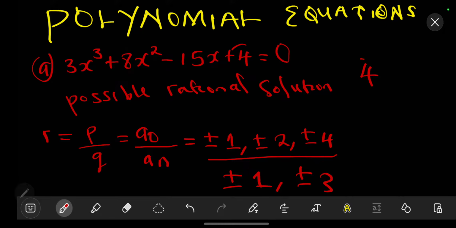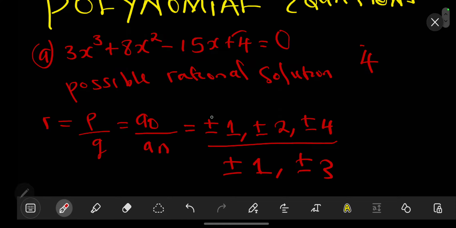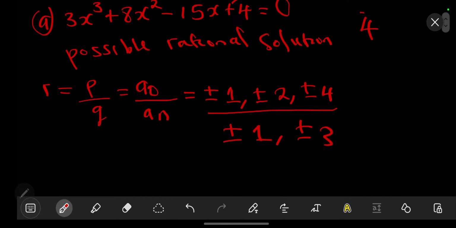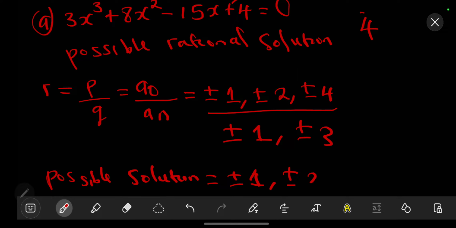Now what we are going to do is first try our positive 1. The possible solutions are such that we have plus or minus 1, plus or minus 2, plus or minus 4.